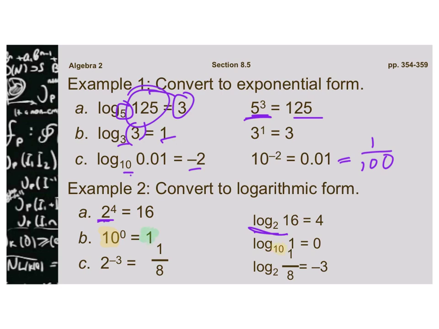The exponent is 1. And the answer is 0. All right, again, base is 2. The exponent is negative 3. And the answer, what's inside my logarithm, is the 1/8.